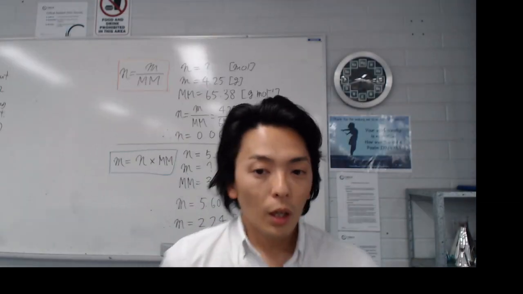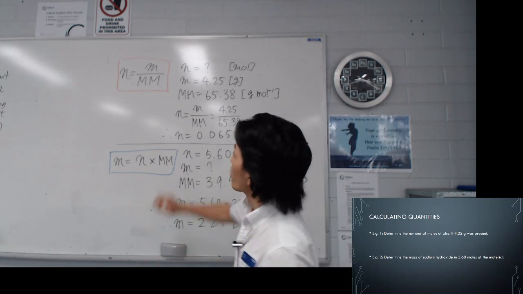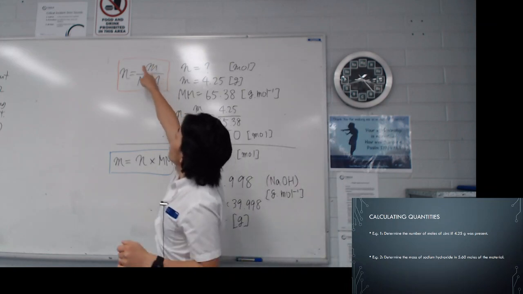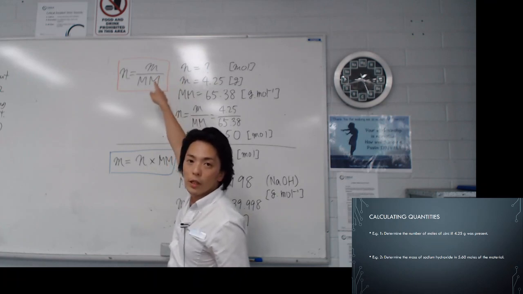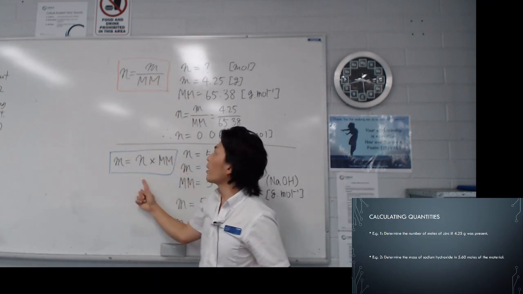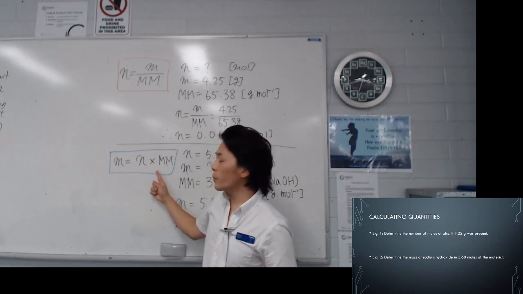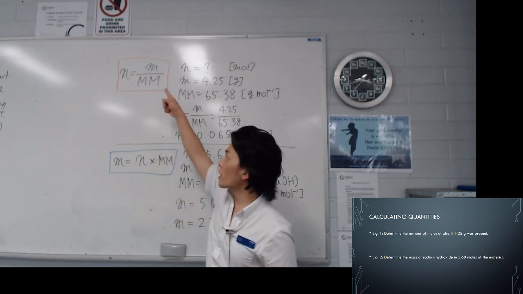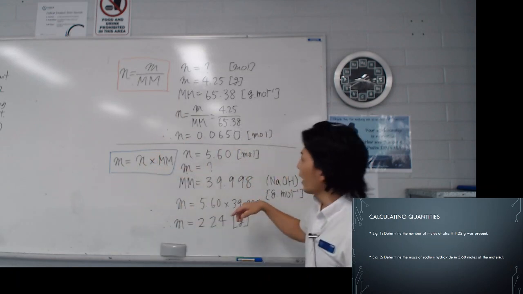Now we are trying to find mass, so we need to look at the lowercase m. If you rearrange the formula, it should become something like this: m equals n, number of moles, times molar mass. So it's just a simple rearrangement here. If you can't do it, do ask me later on.